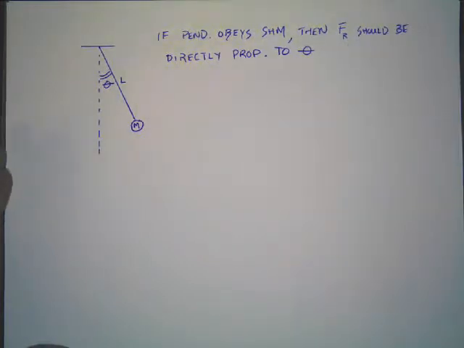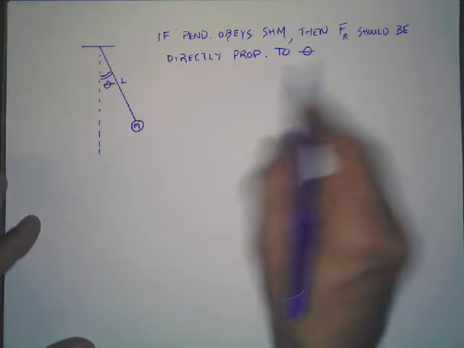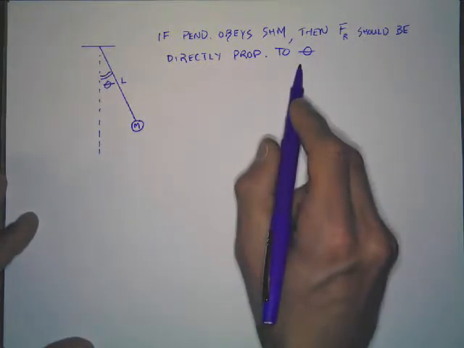Because the bigger the angle, the stronger the force should be. And that is what guarantees the fact that the pendulum keeps the same period no matter how far you pull it back. Because if you pull it really far, the force should be that much stronger. So that's the idea.